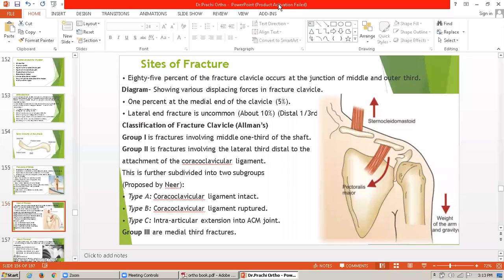Group 2 is fracture involving the lateral third distal to the attachment of the coracoclavicular ligament, and this is further subdivided into two groups, as proposed by Neer. In type A, the coracoclavicular ligament is intact. In type B, the coracoclavicular ligament is ruptured. Group 3 are medial third fractures.